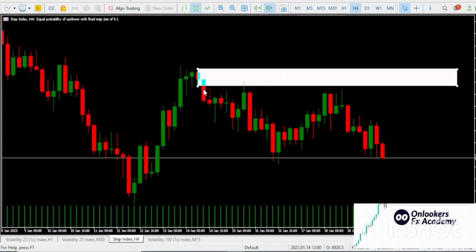As long as the next candlestick totally engulfs the previous one, you mark that as your order block. Understood? Now you see price came down, then came back to our order block.